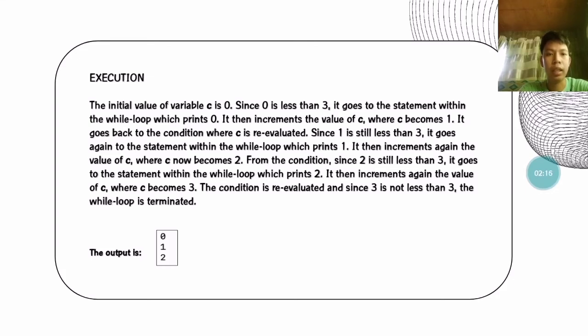Then it increases again the value of c, where c now becomes 2. From the condition, since 2 is still less than 3, it goes to the statement within the while loop, which prints 2. Then it increases again the value of c, where c becomes 3 now. The condition is reevaluated, and since 3 is not less than 3, the while loop is terminated, and the output is 0, 1, 2.